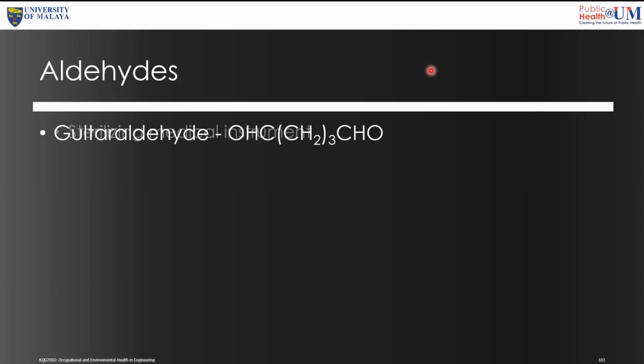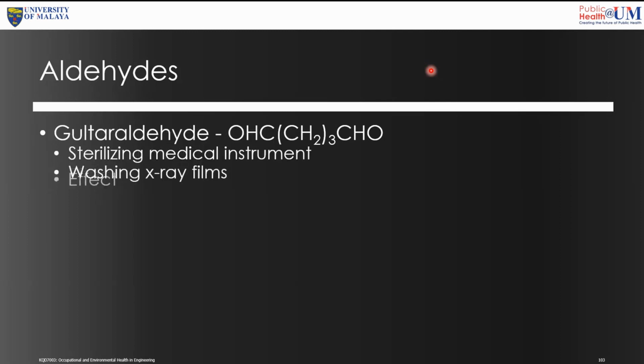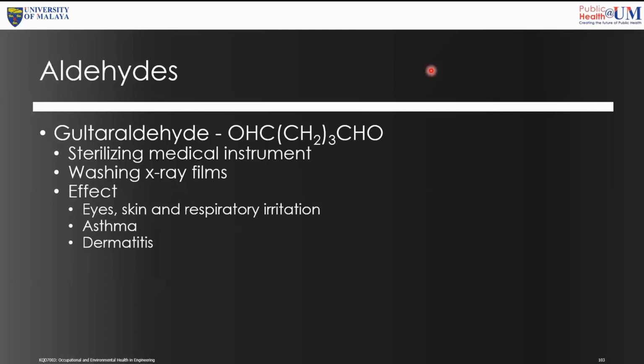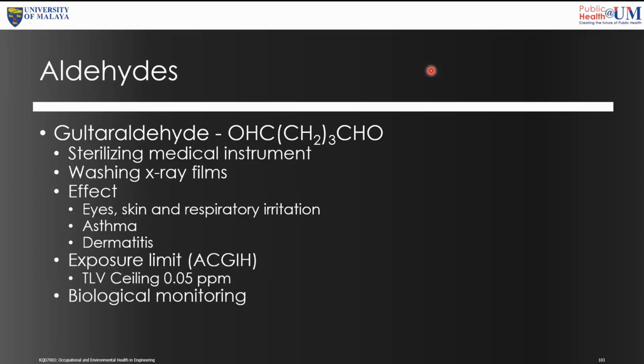So another kind of aldehyde is glutaraldehyde. Glutaraldehyde is another disinfectant, basically what we call a cold disinfectant. You use it to sterilize instruments and wash X-ray films. It affects the eyes, respiratory system, causes asthma, dermatitis, and the exposure limit is basically 0.05 parts per million.